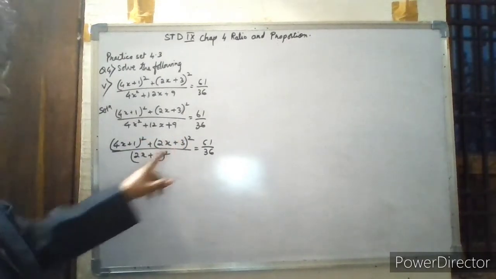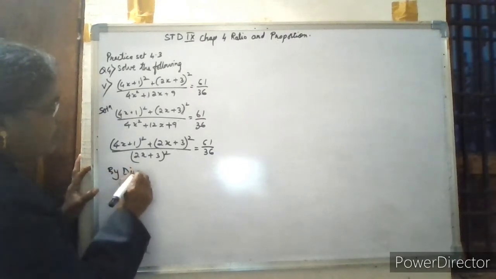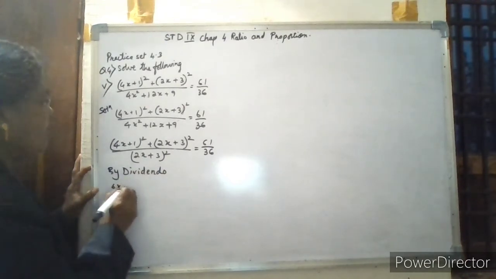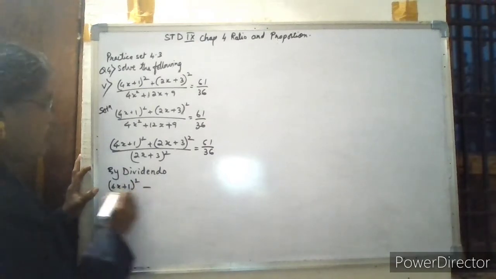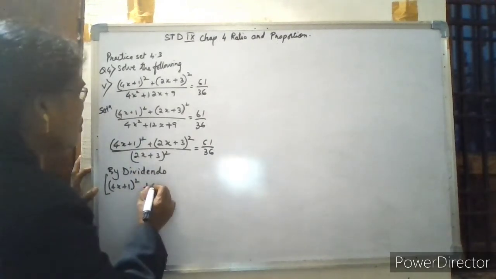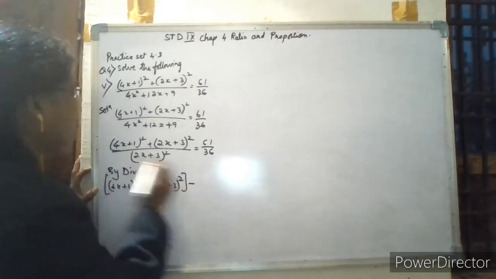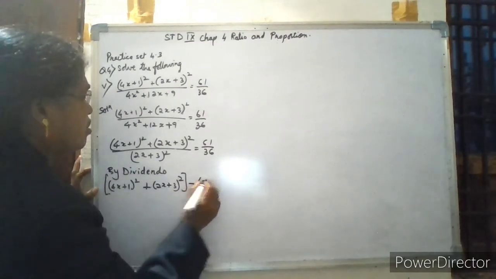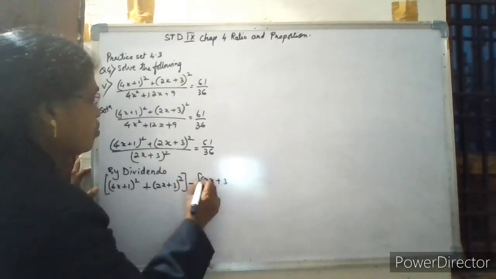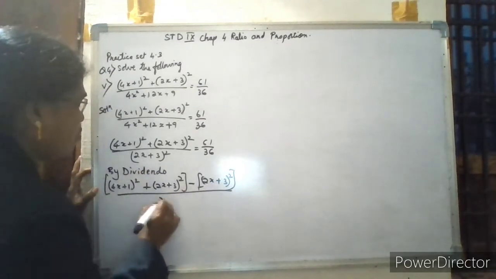So we can use componendo-dividendo, by dividendo. 4x plus 1 the whole square plus 2x plus 3 the whole square as it is, minus this one, 2x plus 3 the whole square, upon this denominator as it is, because only dividendo we have used.